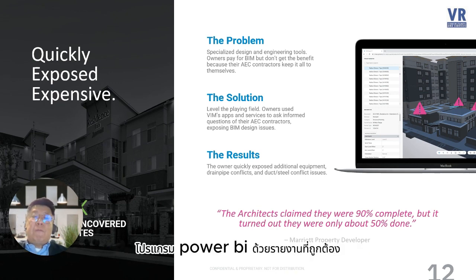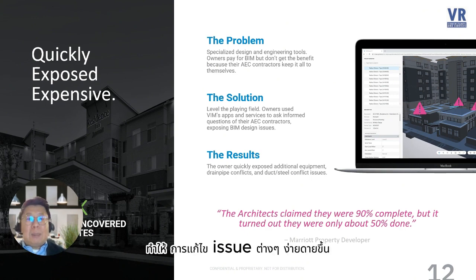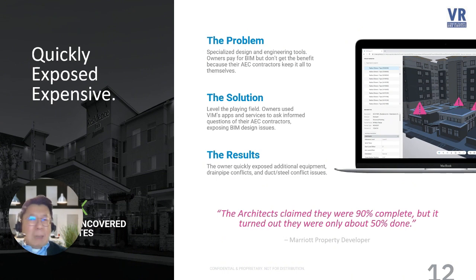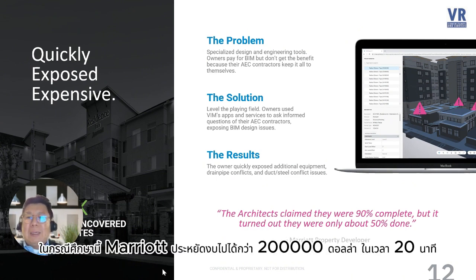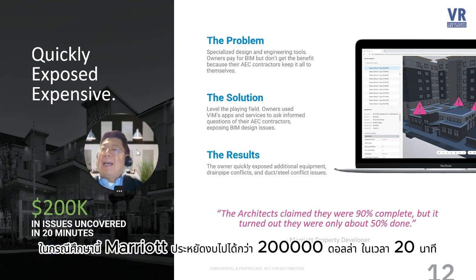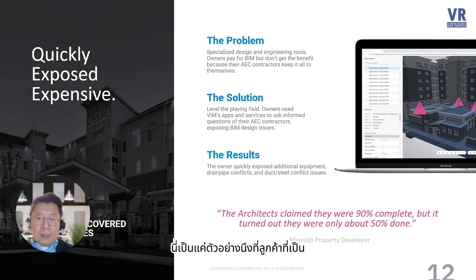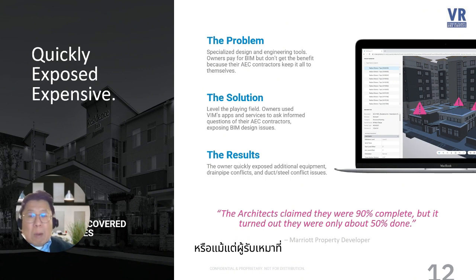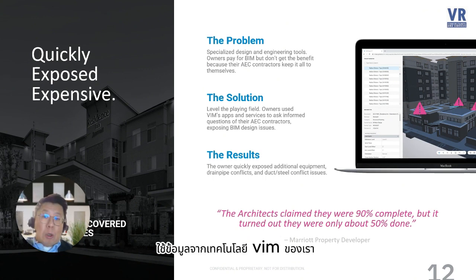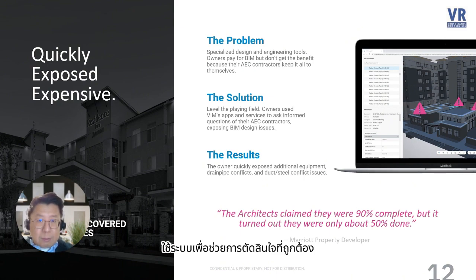And for this scenario, Marriott said they saved about $200K in 20 minutes. I think this is just a typical example of why our clients, like owners, developers or even the general contractor, use our BIM technology to streamline the process for making the right decisions.